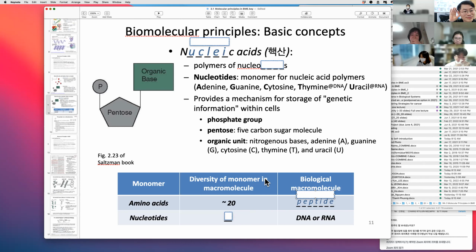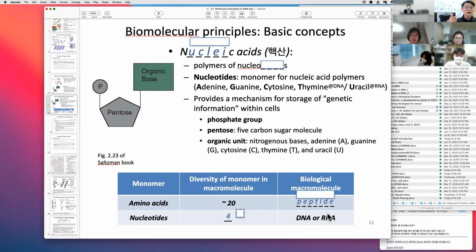Five. That's fine. Fun, can you guess how many nucleotides make DNA or RNA? I think it's 4. Yeah, actually A, T, C, G for DNA, A, U, C, G for RNA.